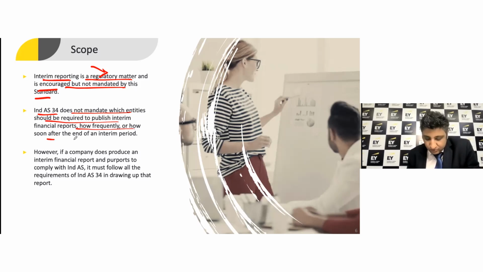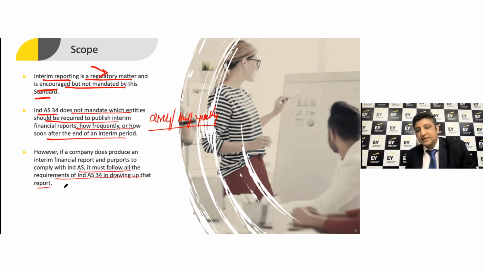Okay. And how soon after the end of the reporting period. The whole idea is that nothing is driven from the standard, but the only idea is that if you are preparing those interim financial reporting, which could be quarterly or half yearly, for example, right, then the requirements of Ind AS 34 is there in terms of how should these set of financial statements be prepared by the entities.